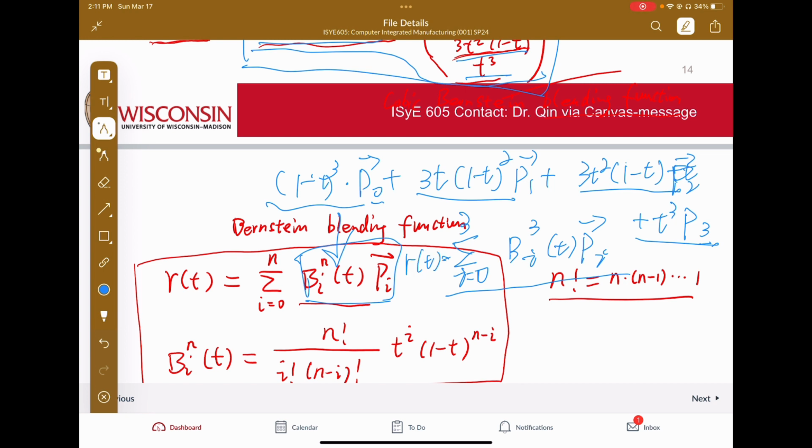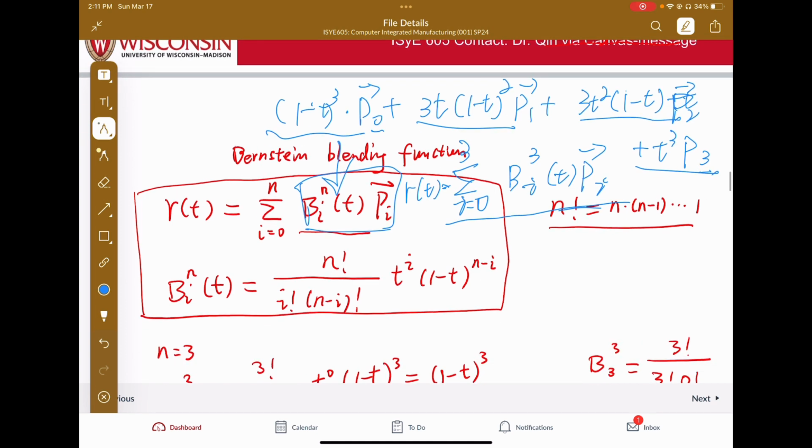We have 4 components to add to do the sum, right? So we use this way to describe. And for this b, we have the equations to describe the coefficient for each component.